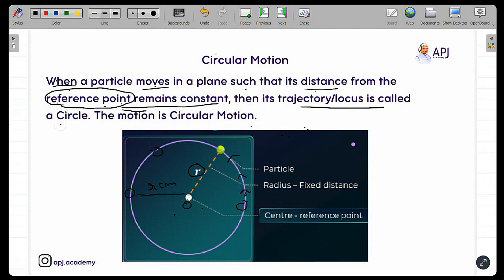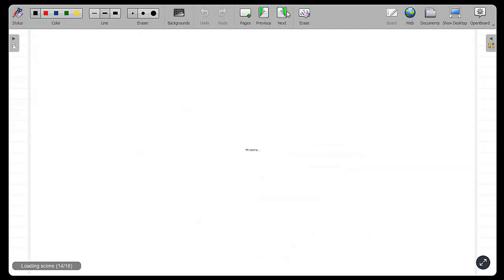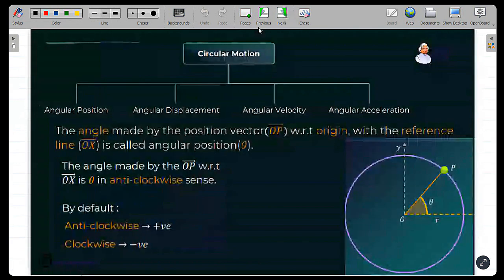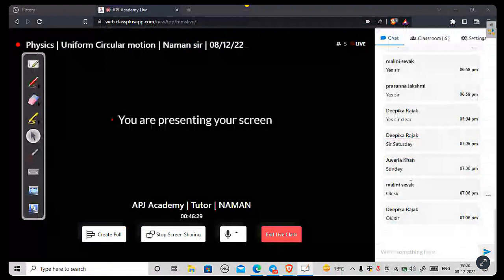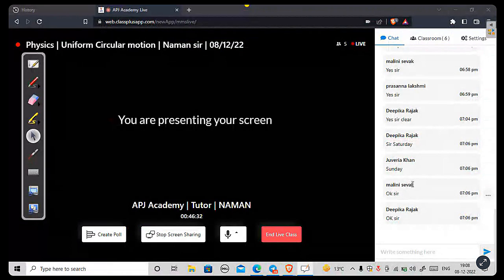Now you all know how a circle looks. This is how a circle looks, circle is round. Anyways, the circular motion: this is the particle, this is the radius, and this is the center reference point. Everyone was with me till now, right? 7:06, okay.